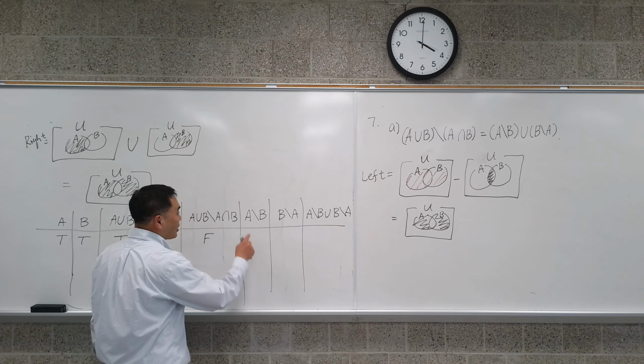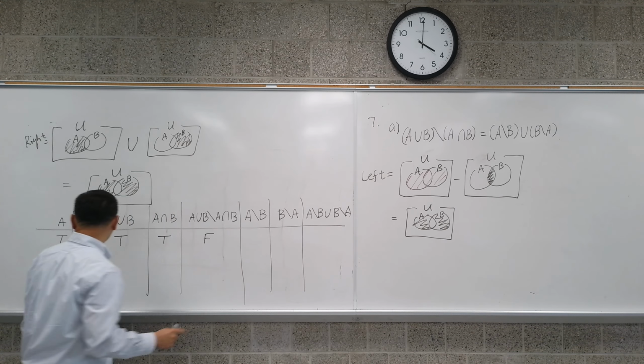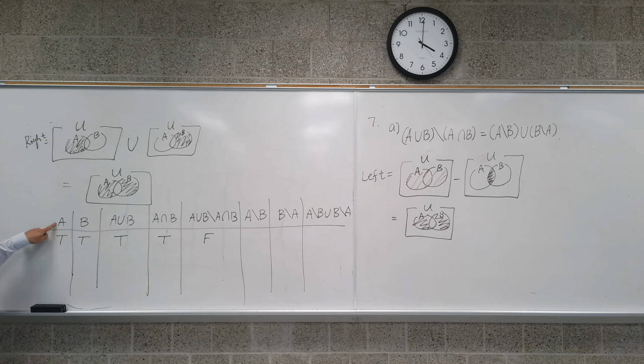Now, how about A subtract B? Well, X is in A and also X is in B, so it's in the overlap, right? Does that belong to A minus B? Yes or no? Here, saying TT means it's an element that belongs to both A and B. So when you do A minus B, does that X belong to A minus B?